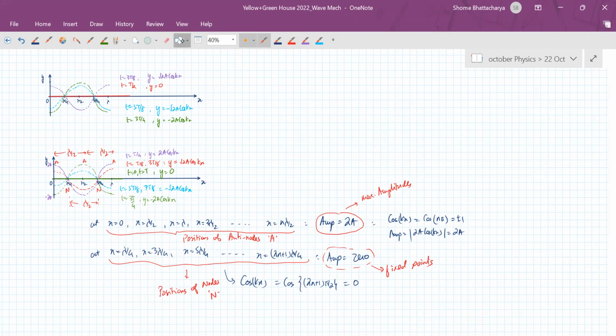So on any standing wave pattern, you will see that on the x-axis, you have alternate nodes and antinodes equally spaced out.